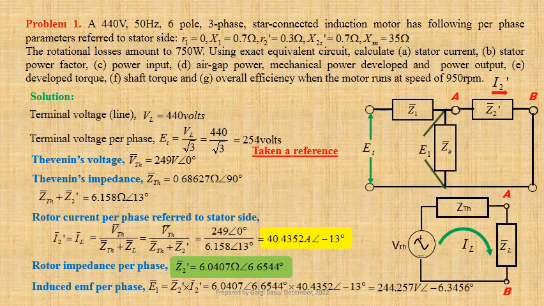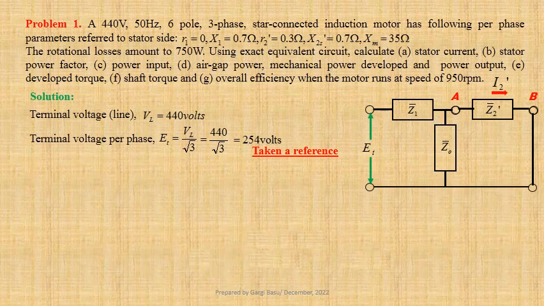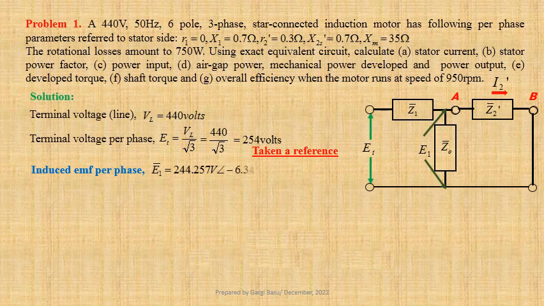We have determined induced EMF per phase E1 equals 244.257 volt at an angle minus 6.3456 degree. This may be written in Cartesian form as 242.76 minus j times 27 volt.